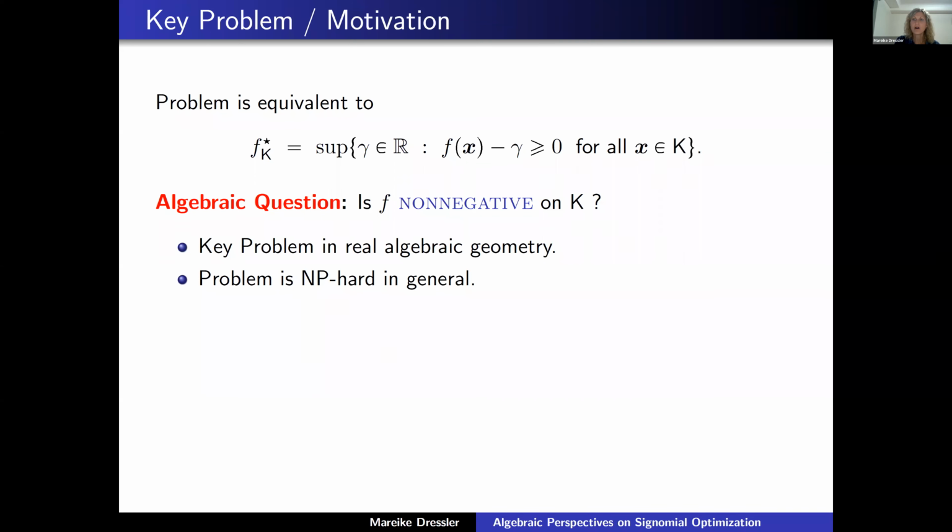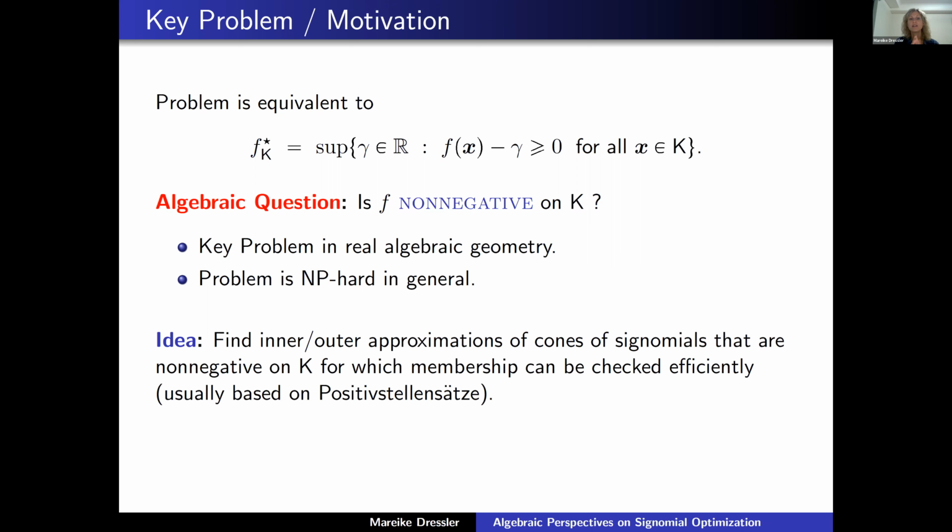And the idea now, how one approaches this more algebraic question, is to find inner and outer approximations of cones of signomials that are non-negative on K. The set of signomials which are non-negative on K forms a convex cone. And this question, if f is non-negative on K, is NP-hard, is equivalent to saying membership in this cone is very hard.